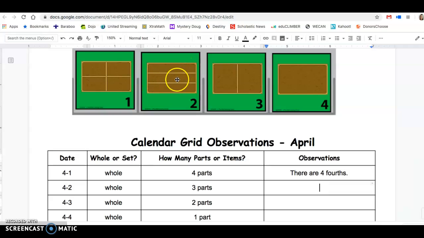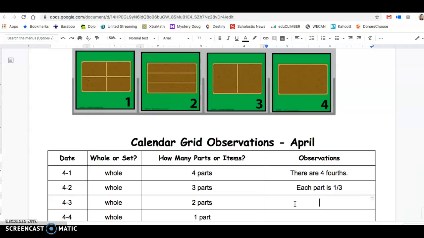So this garden bed is split into thirds, 3 equal pieces, and each part is worth the fraction 1/3. So I'm going to try to write that the best that I can on the computer. Each part is 1/3. Now you'll notice that my fraction wrote with a slash. Sometimes you see fractions written with a 1 and then a straight line under and then the 3 on the bottom. So that's another way to write it.